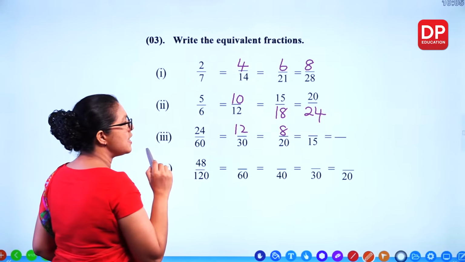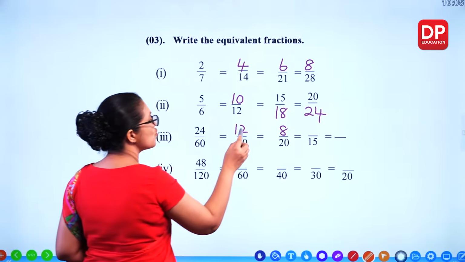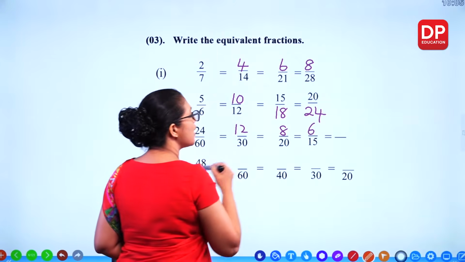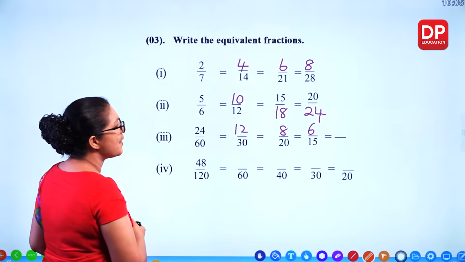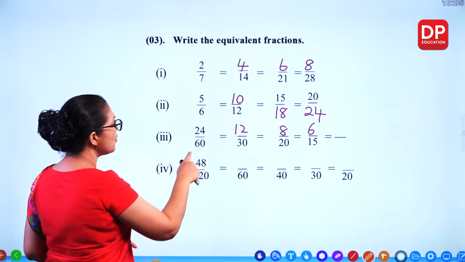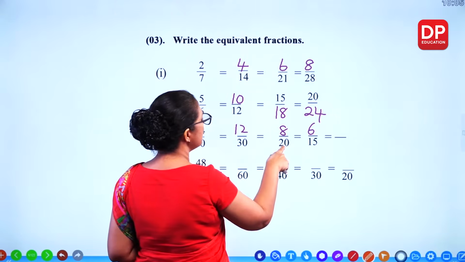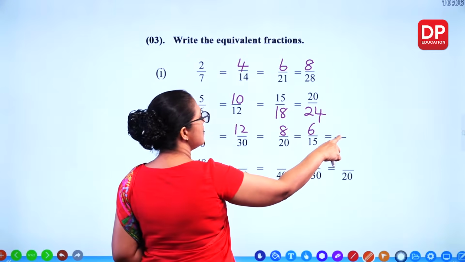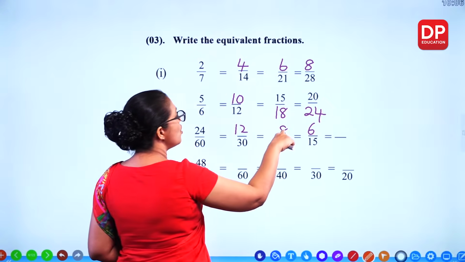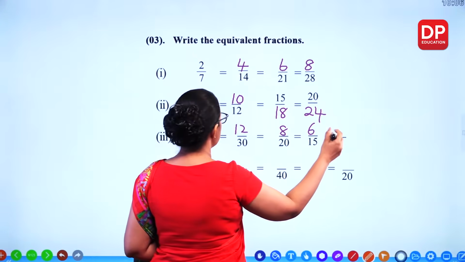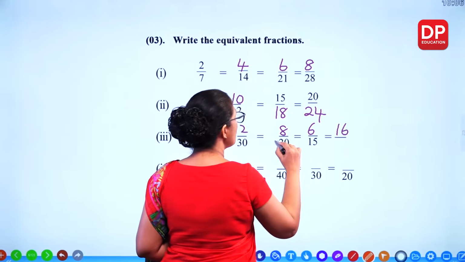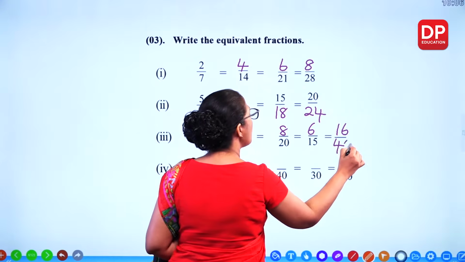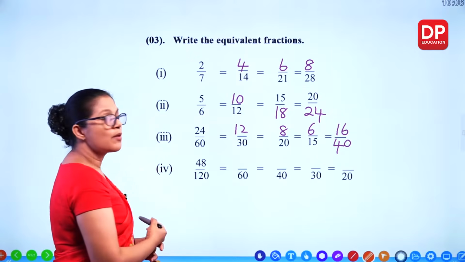How do you get 15? Divided by 2. So 12 divided by 2, you get 6. And another one, you can multiply by 2 or something here. 2 times 8, 16. 2 times 20, 40. So you can write any equivalent fraction.